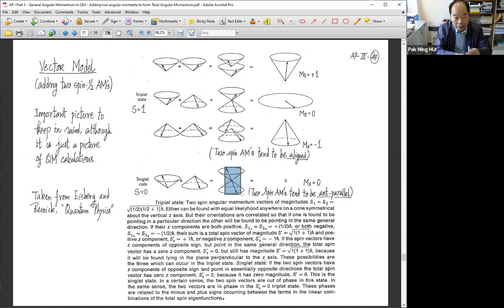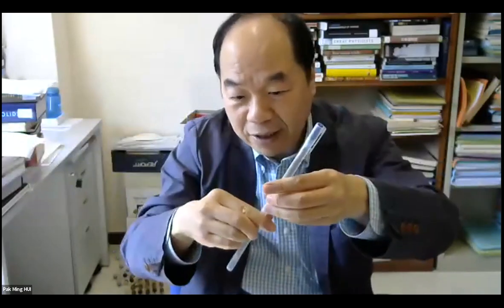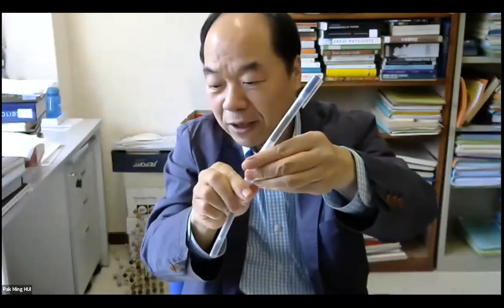Okay, so it's something like this. Okay, so this one lives in the upper cone. This one lives in the lower cone, okay? So they are spin half entities. Now they add them, they somehow coordinate themselves like this, okay?